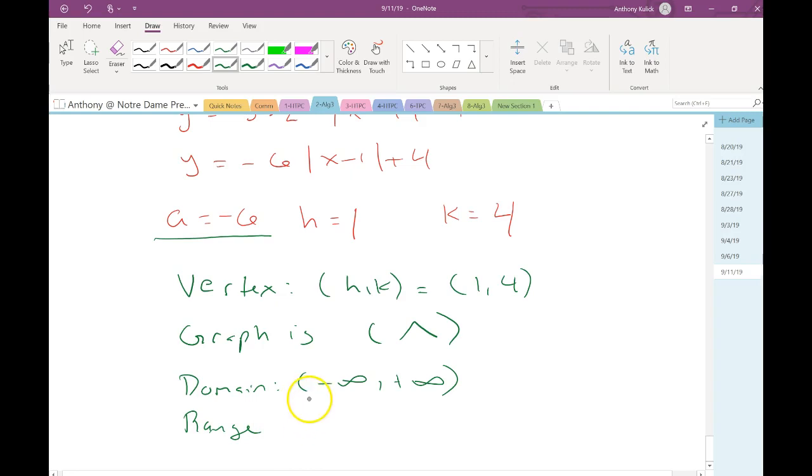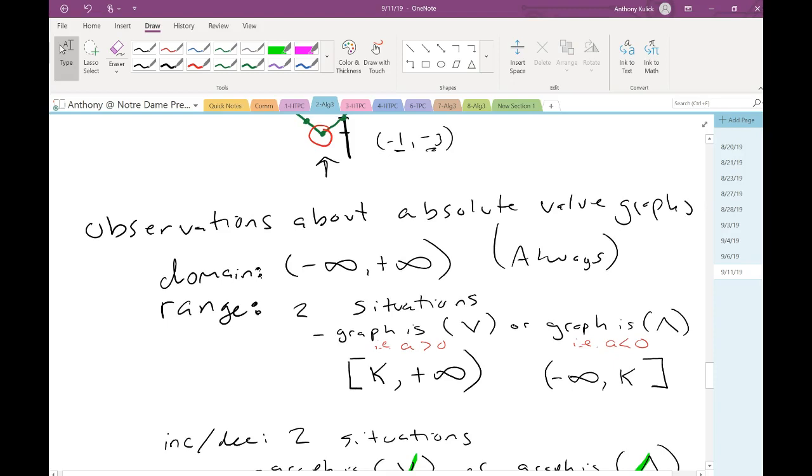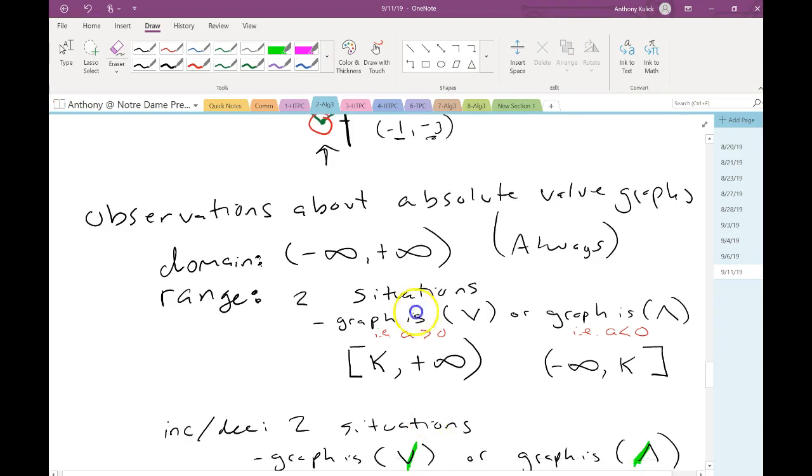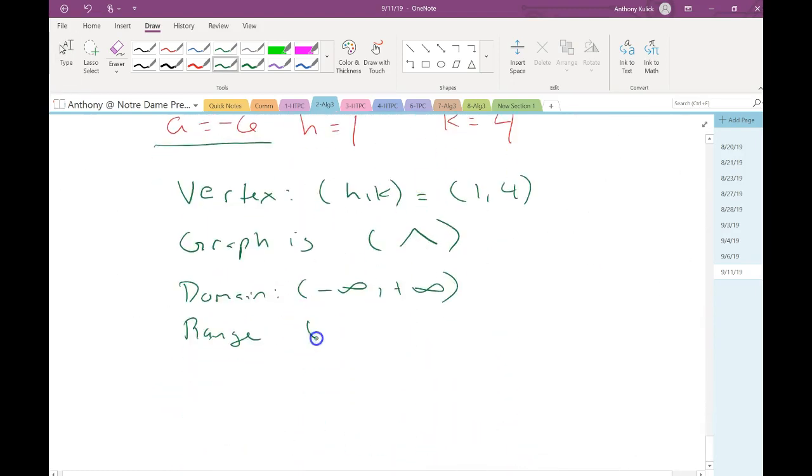If I go back and look at my list, my range is negative infinity up to k, and the k gets a bracket. So I have negative infinity up to 4 with a bracket. Isn't this kind of impressive that we're able to do all of this without actually looking at the graph at all? That's kind of nice, right?